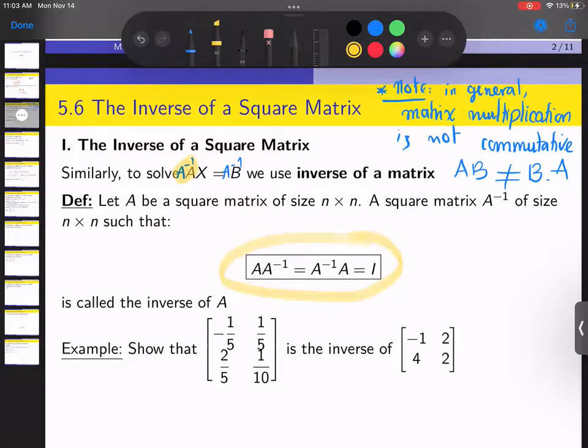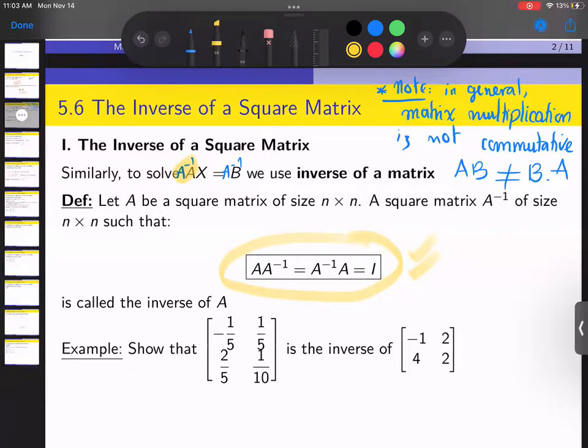A times A inverse equal A inverse times A is commutative, right? Why is that in this case true? Because it's A times A, not A times B. Very good, because it's the same thing everywhere.